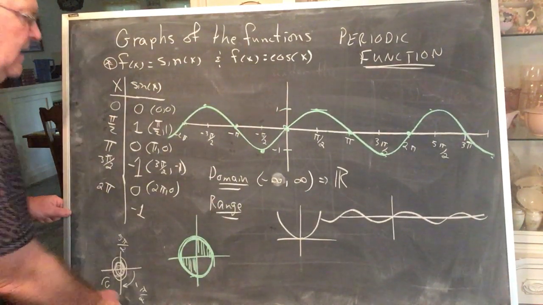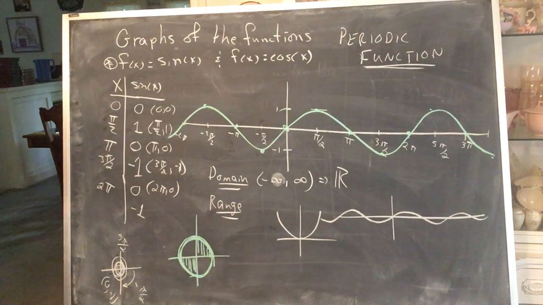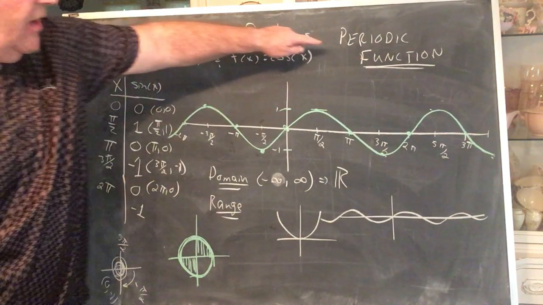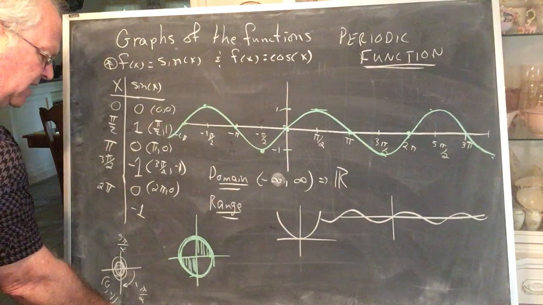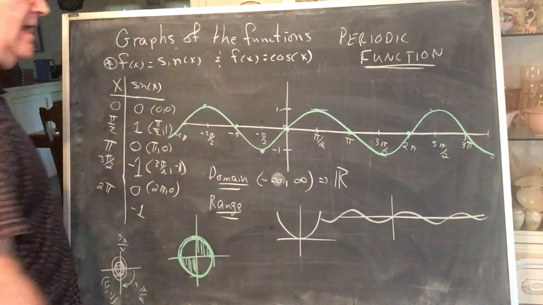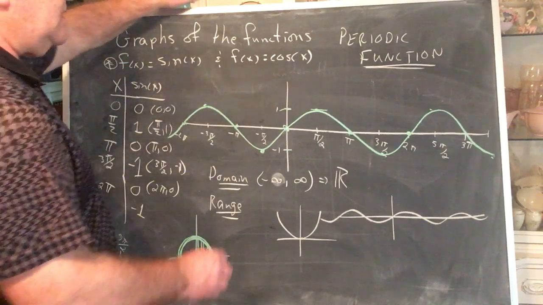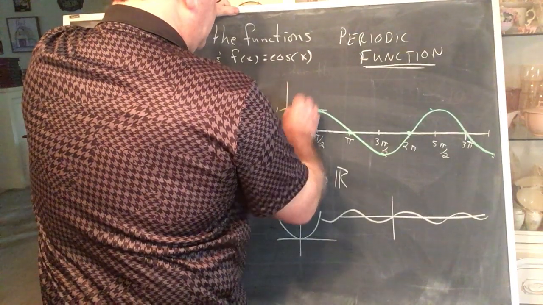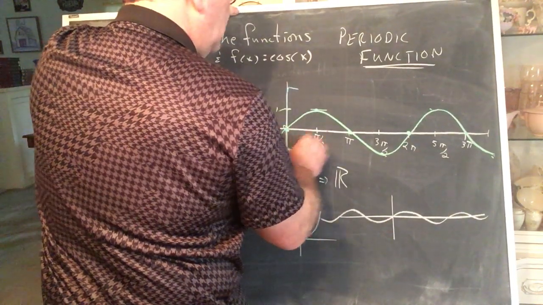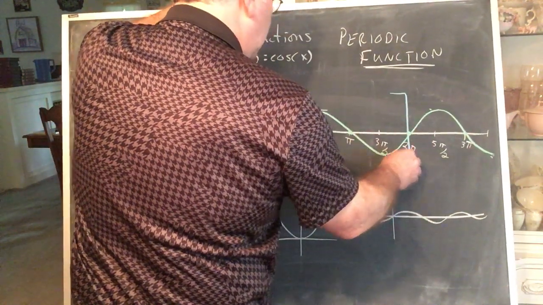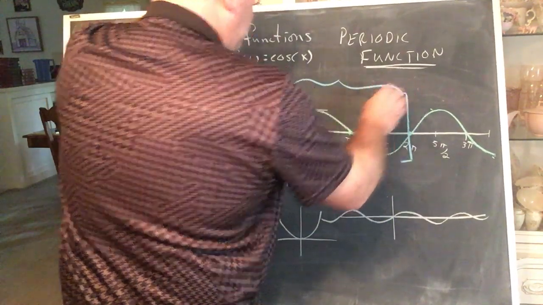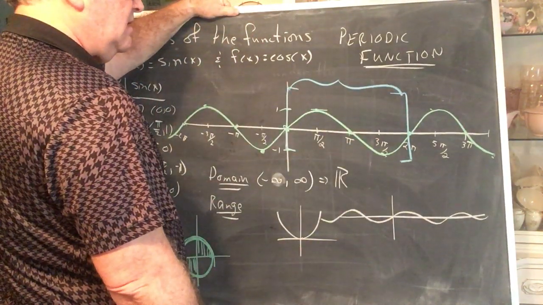Now, the next piece is this notion of periodic. A function is periodic if there is a finite distance over which the function will repeat itself. Is it clear?